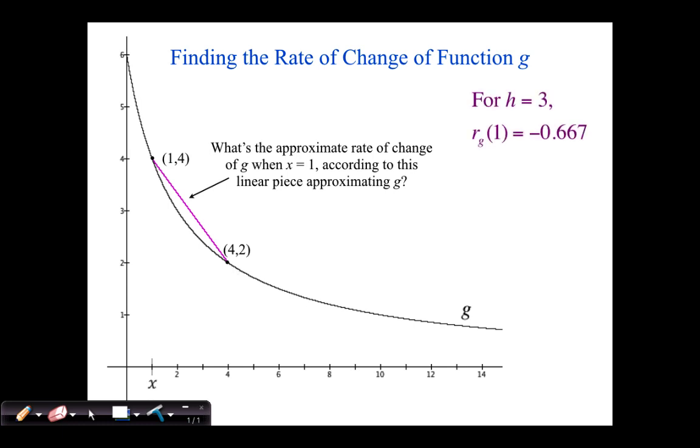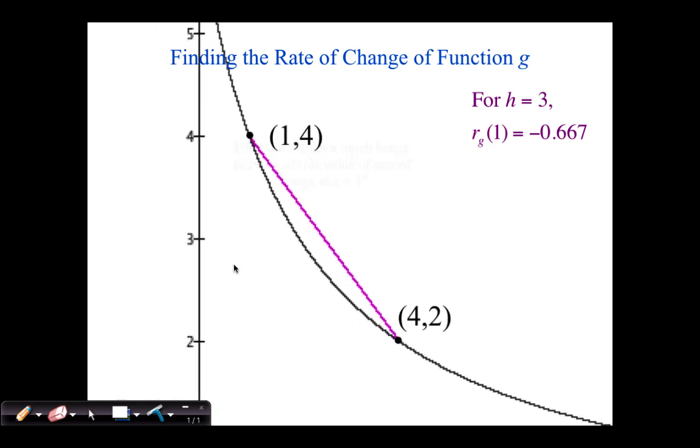I get this r sub g approximate version as negative 2/3, negative 0.6 repeating, or here it is rounded off to a few decimal places. If I want a better estimate of what's going on at 1, I need to pick a smaller interval that includes 1, or is nearby to 1.